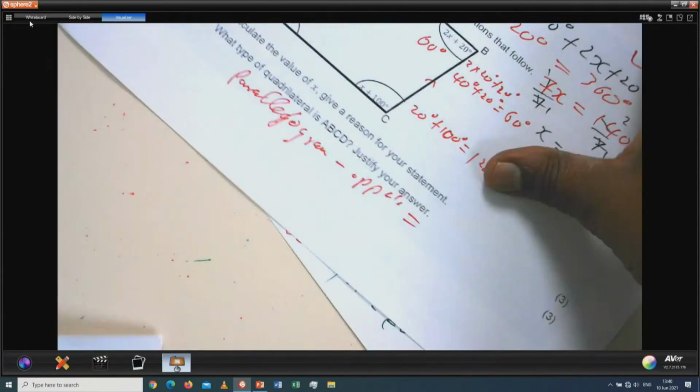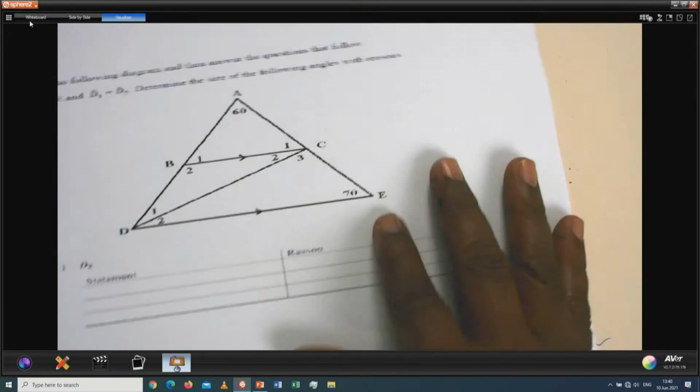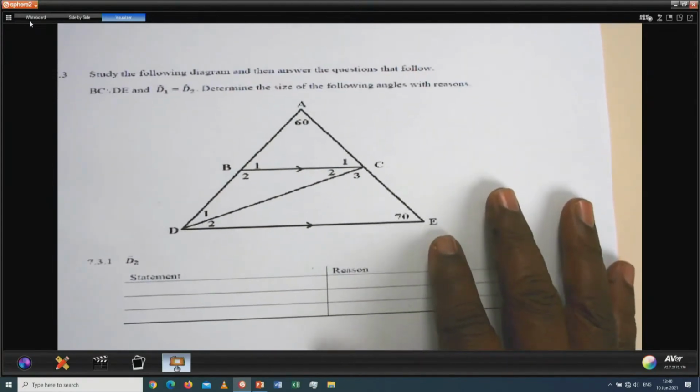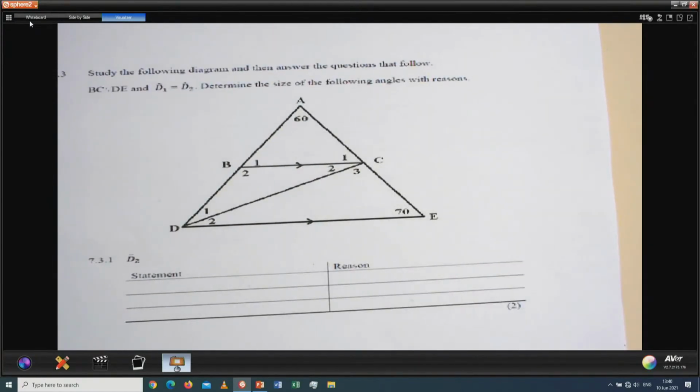It means you don't understand the language. Read and understand the questions. And of course, in geometry, the right approach is giving a statement and a reason, and you get your 2 marks.